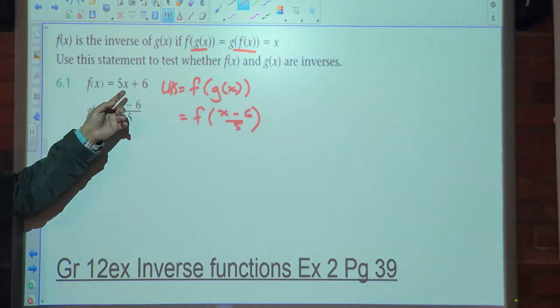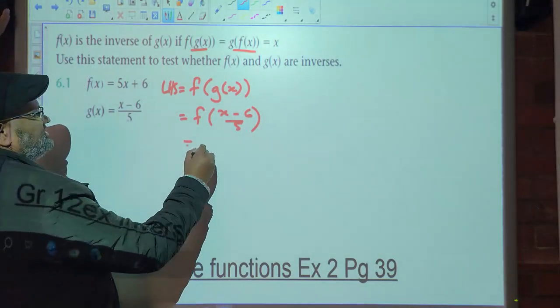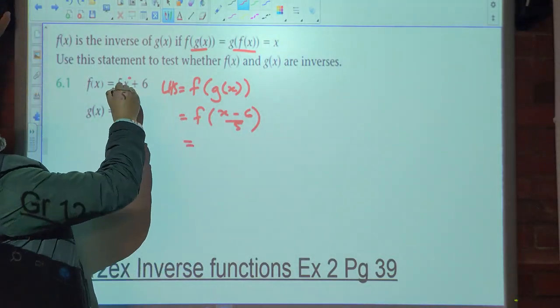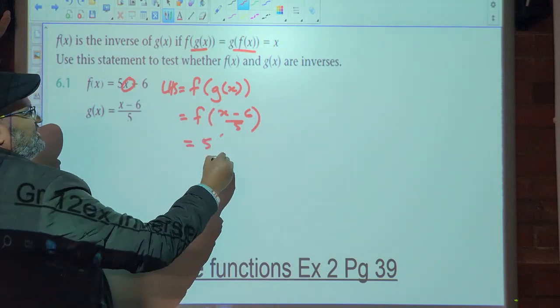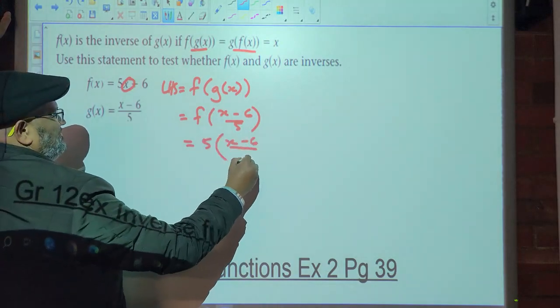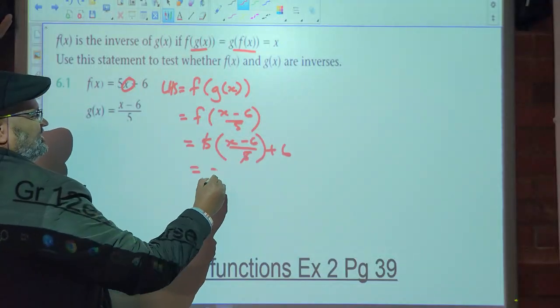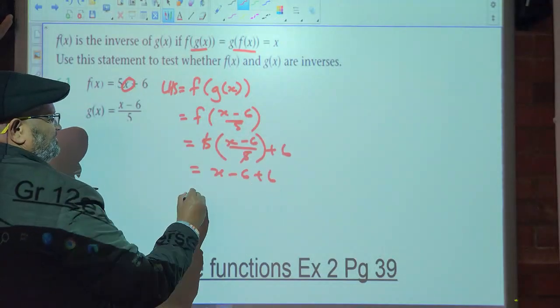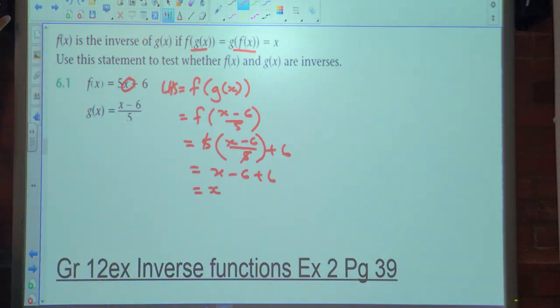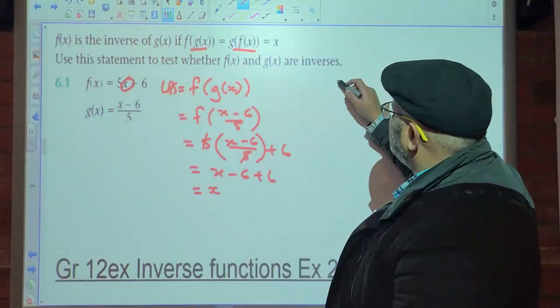Wherever I see an x, I replace it with x minus 6 over 5. Which now gives us, cancel, x minus 6 plus 6, which gives you x. But is that enough? No. We must do the right hand side.